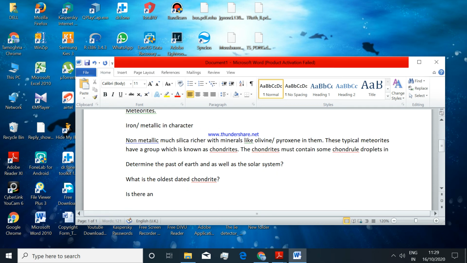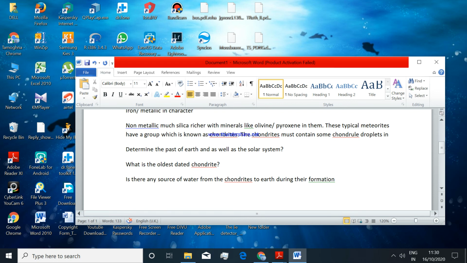Is there any source of water from the chondrites to Earth during their formation, as well as was the late veneer theory to generate the water on Earth necessary?